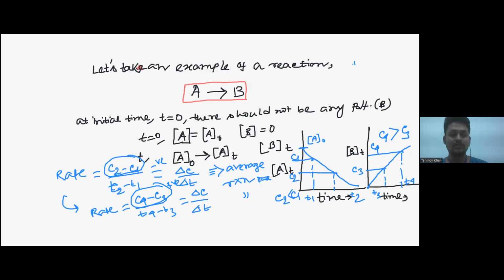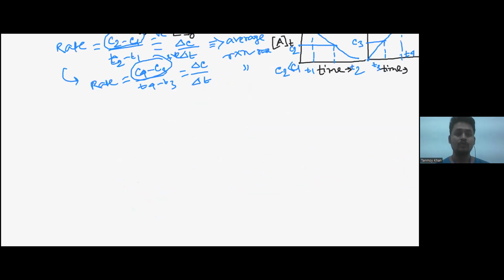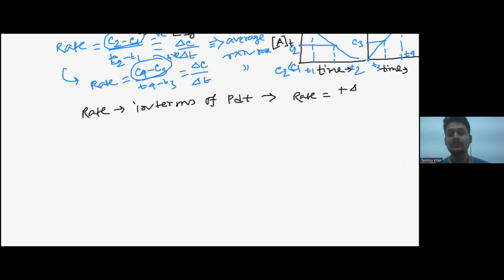So that is why the common practice is, whenever we are expressing rate in terms of product, we normally write it as plus delta C by delta T. And whenever this is for reactant, we will write it with a minus, because reactant is actually getting destroyed.